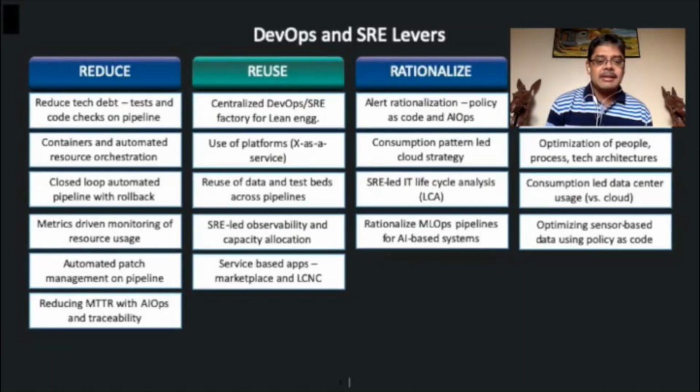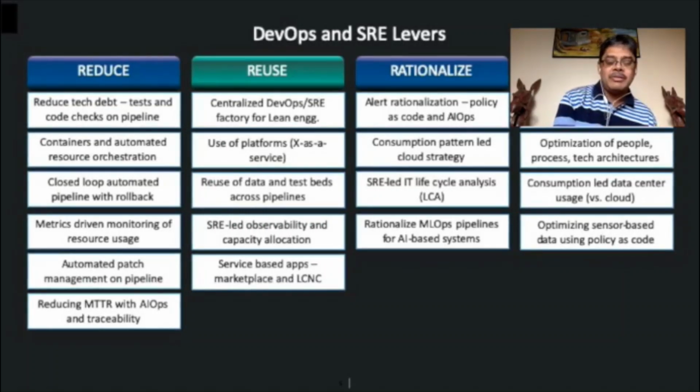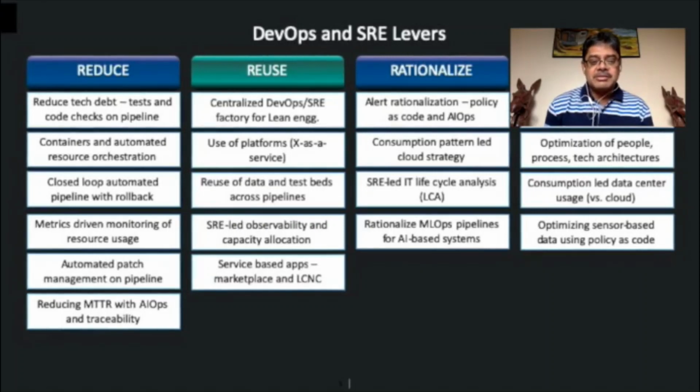The second one is containerization and automated resource orchestration. How well are we doing it? The third one is about closed loop automated pipelines along with rollback facilities so that you don't have to do a lot of manual toil while you are rolling back, when things are going wrong while deploying. The fourth one is about metrics driven monitoring of resource usage.